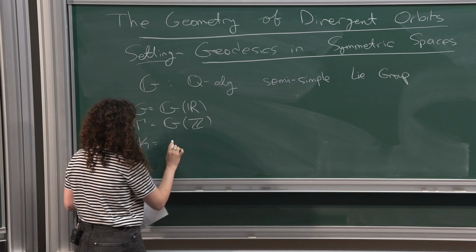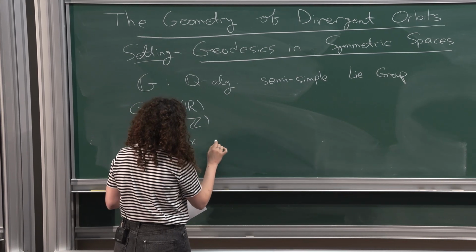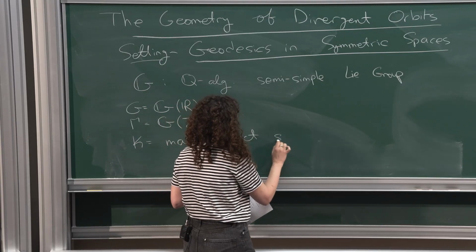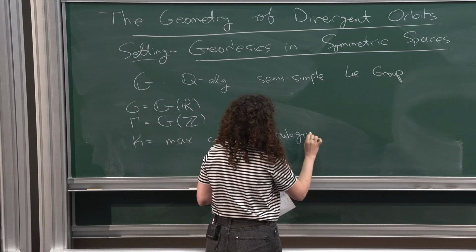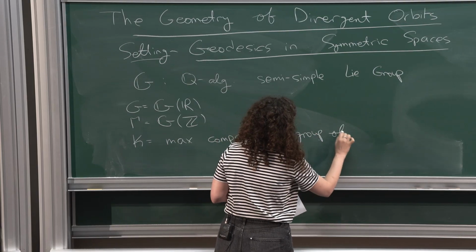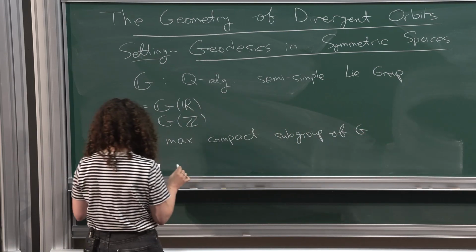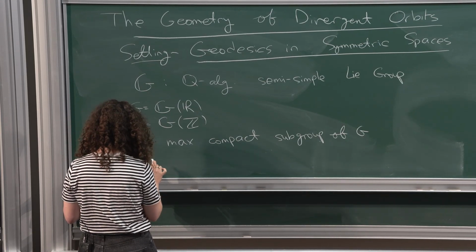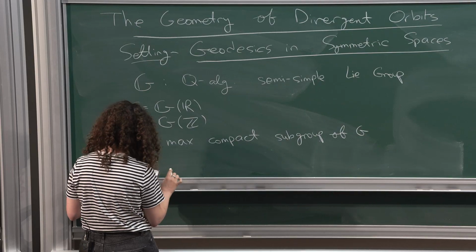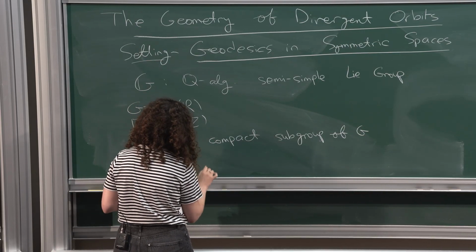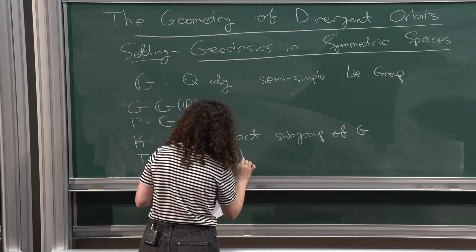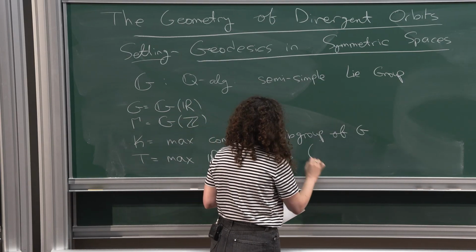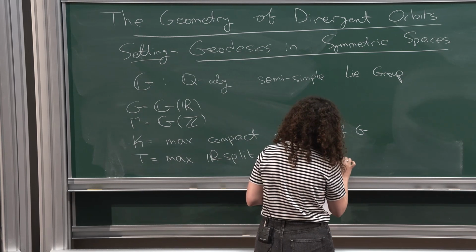We're going to take K to be the maximal compact subgroup of G, and T to be the maximal R-split torus, also known as the Cartan.